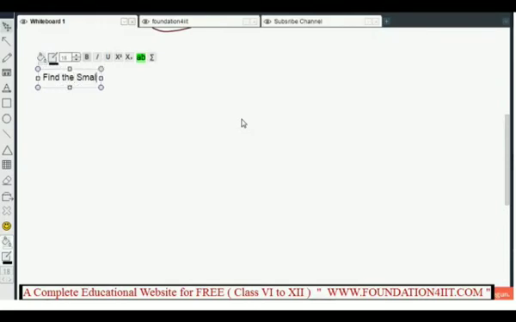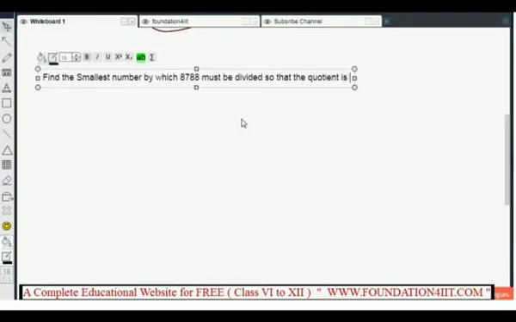Find the smallest number by which 8788 must be divided so that the quotient is a perfect cube.